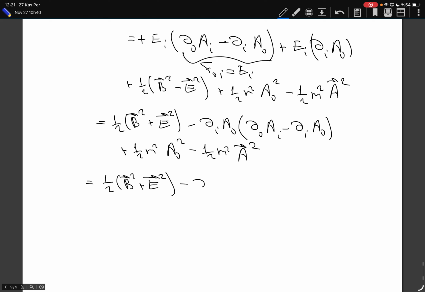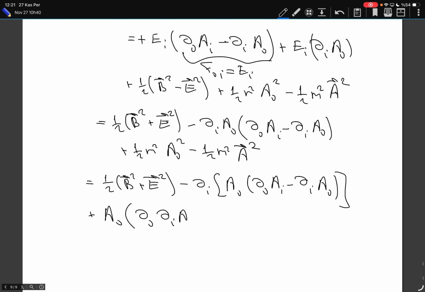This is minus del_i A_0 (del_0 A_i minus del_i A_0), plus A_0 times del_0 del_i A_i, minus, the Laplacian acting on A_0, plus 1 over 2 m squared A_0 squared minus 1 over 2 m squared A squared.